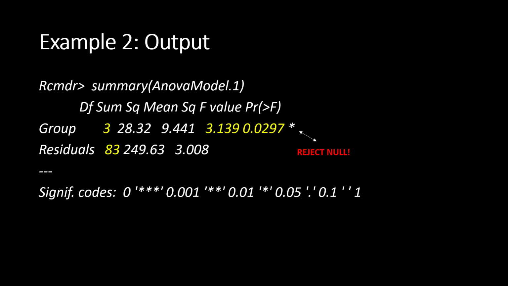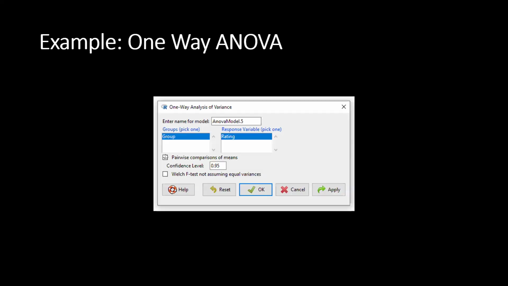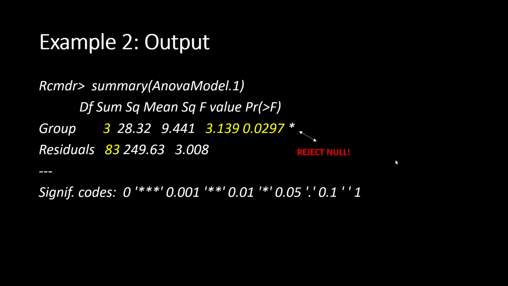And you only need to apply post hoc analysis, Tukey's or otherwise, if you come to a p-value which is less than your alpha value. Okay, so we rejected it, and also where is the differentiation? Which categories?